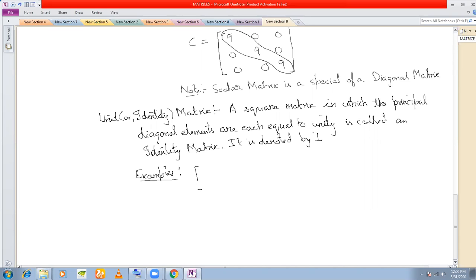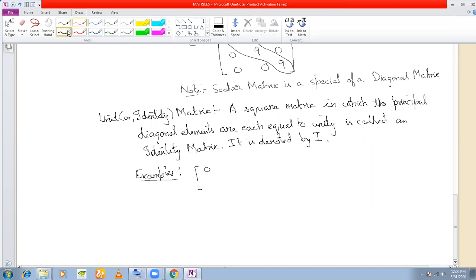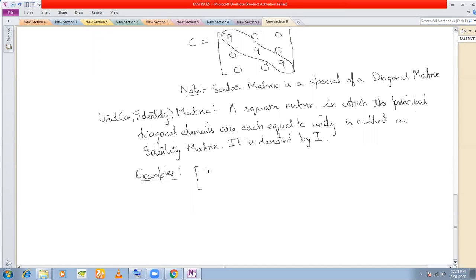It is denoted by I. So this is your identity matrix, denoted by I. Sometimes when we want to specify the order of this matrix, we write I2.